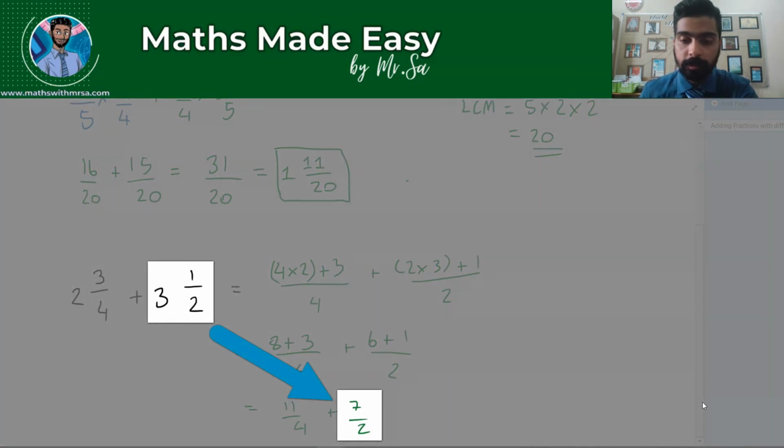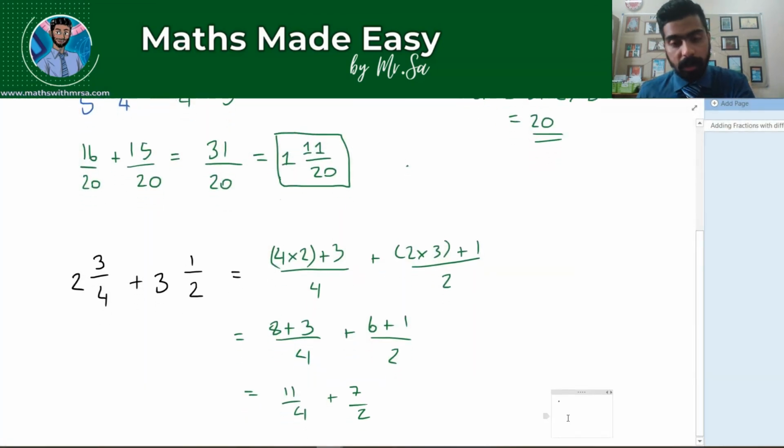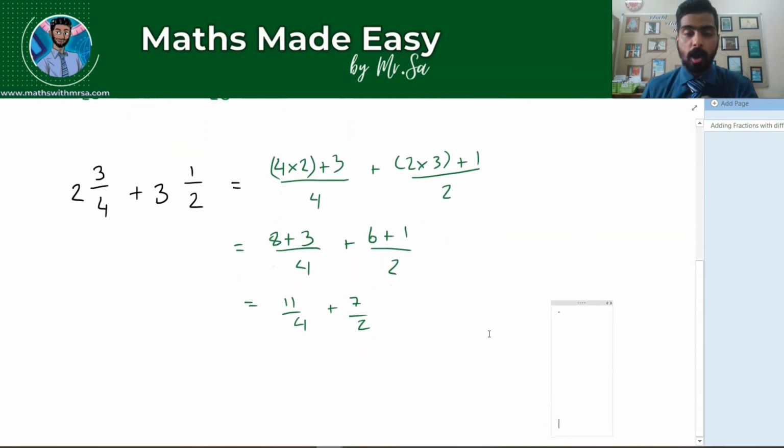Now again, following the same steps, in order for us to add fractions, the denominators must be equal. And here we see that the denominators are not equal, but we can convert them to be equal. So for that, we need to find the LCM, the lowest common multiple of 4 and 2.